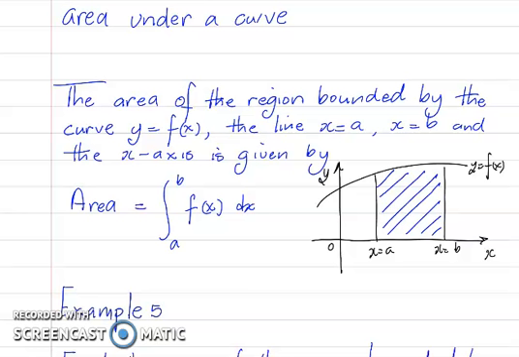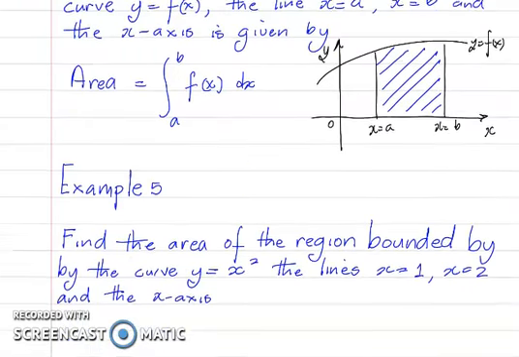And the area of that region is given by the formula: the area is equal to the integral of f of x from a to b, and of course you're integrating with respect to x. So let's have a look at example 5.